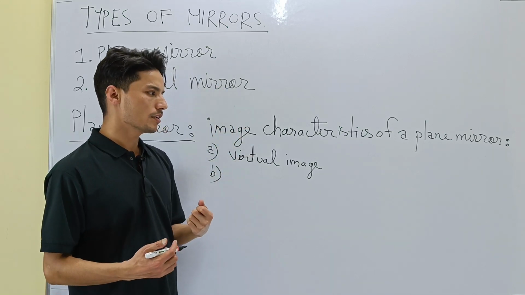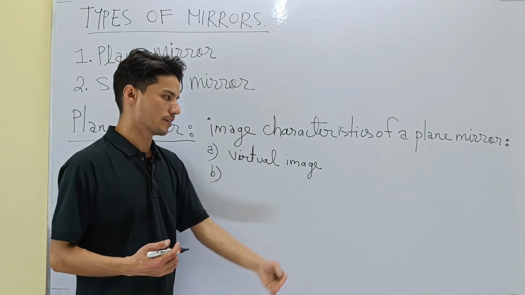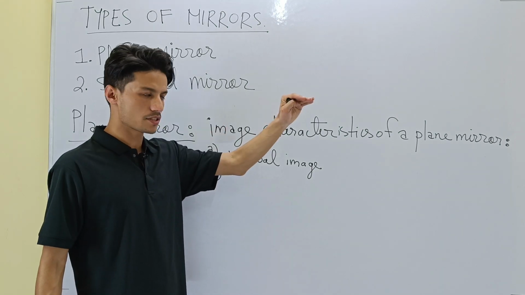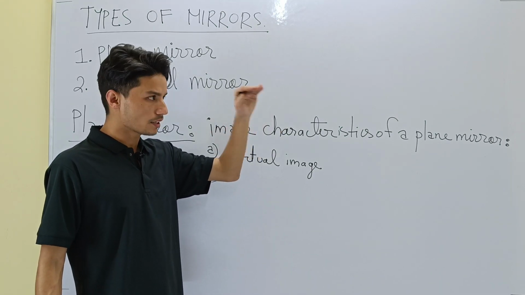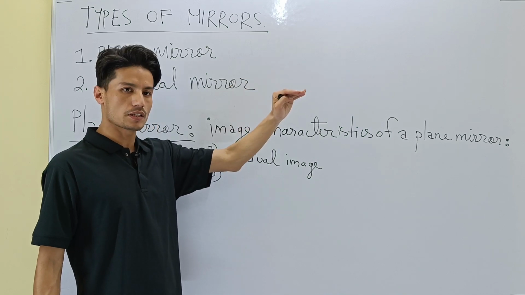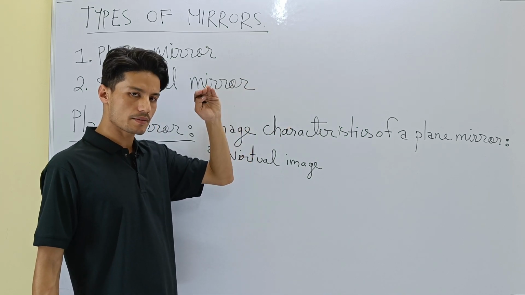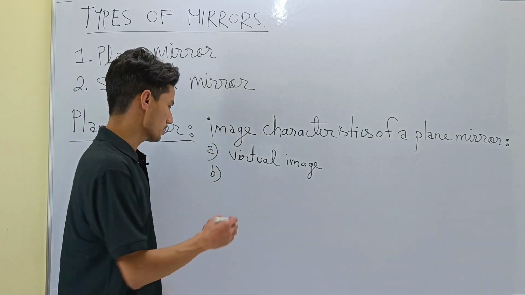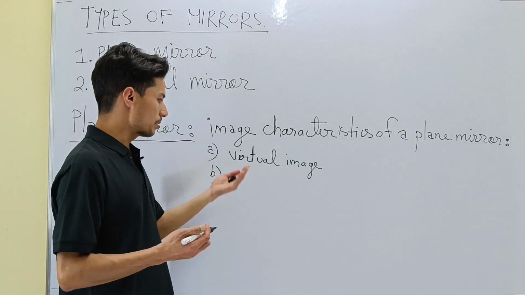For example, if I have a mirror here, then the height of my image on the plane mirror will be exactly the same as my own height. So a plane mirror produces a same-height image.